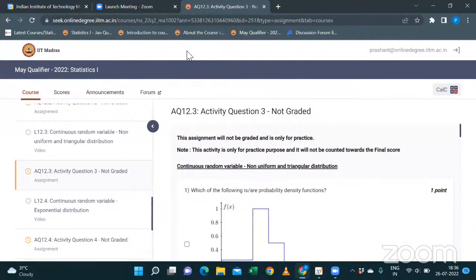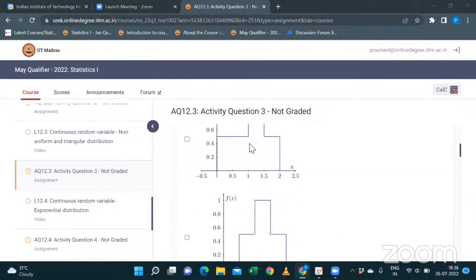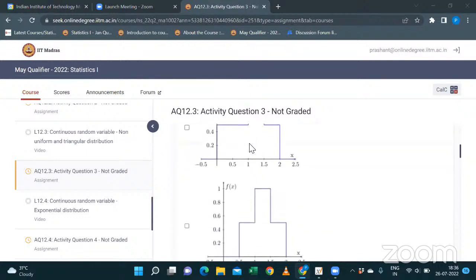Sir, actually it's not regarding any activity question. It's regarding the concept of exponential distribution. I understood the concept, sir, but sometimes while solving a question, I somehow mess up and I'm not able to get the exact answer.